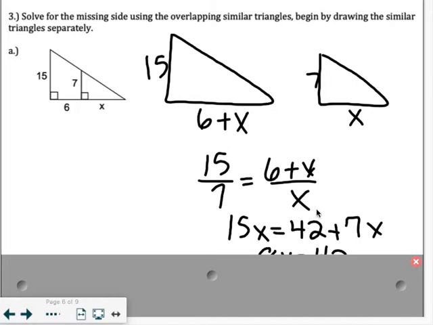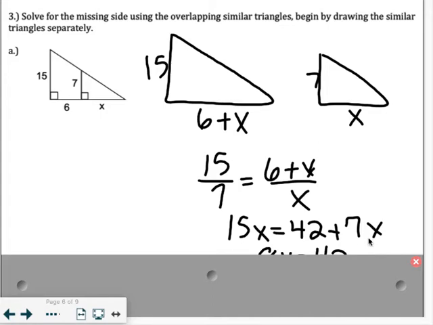And some of you right here would write 7, open parentheses, x plus 6. Okay, so 6 times 7 gave me the 42. 7 times x gave me 7x.